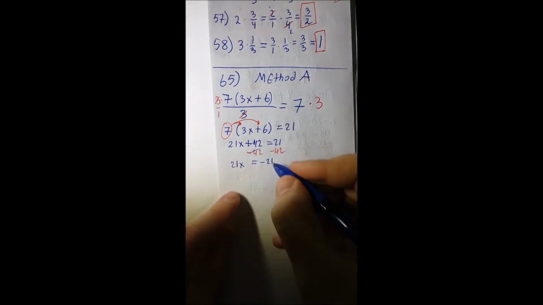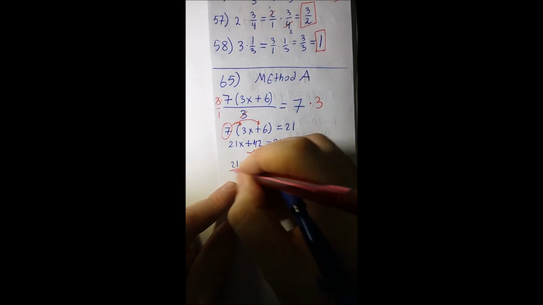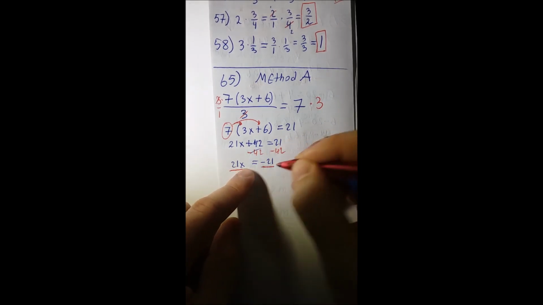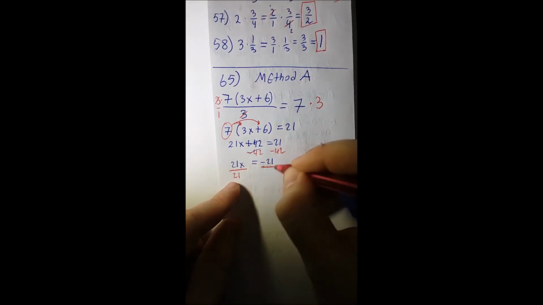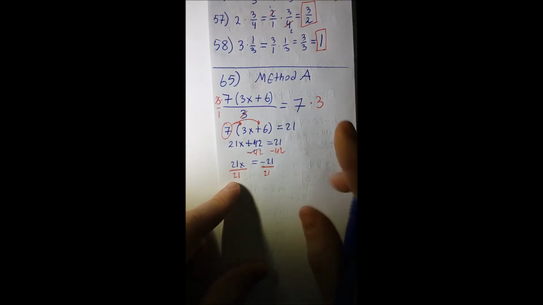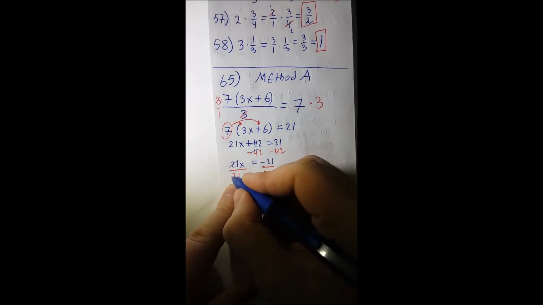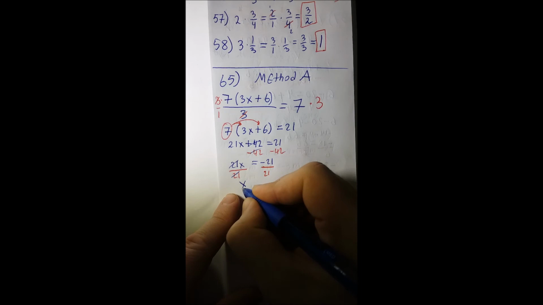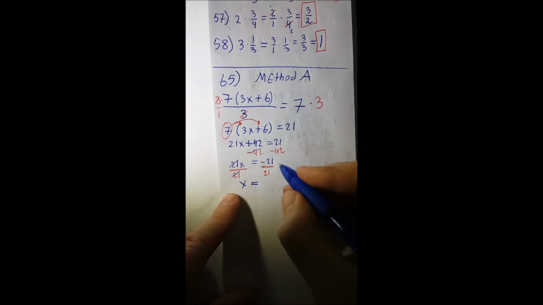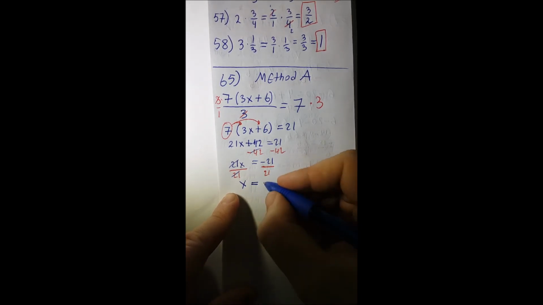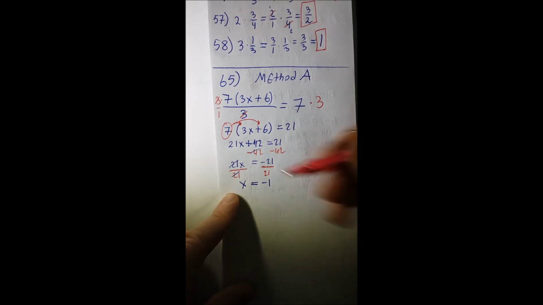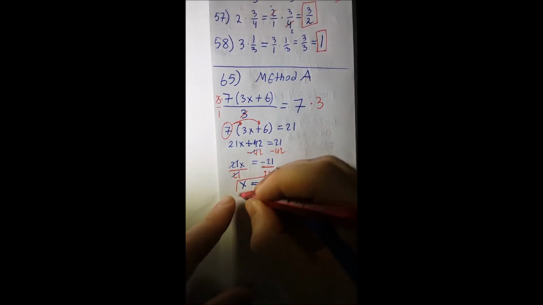So 21x equals negative 21. Then, since this is multiplication, I need to divide by 21 on both sides. So 21 over 21 is gone, so it's just x equals, and then negative 21 over positive 21 is going to be negative 1. x equals negative 1.